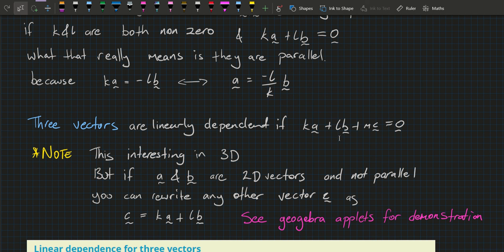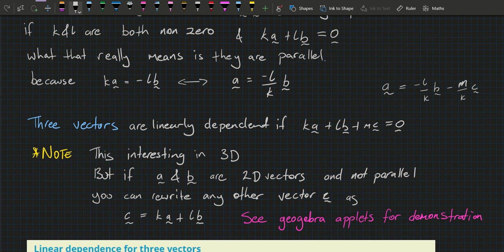You can imagine that if I subtract LB and MC on the other side and divide everything by K, then A is equal to minus L on K times B minus M on K times C. I wanted to draw this, but the pen is giving me such a hard time. Oh, it will work.